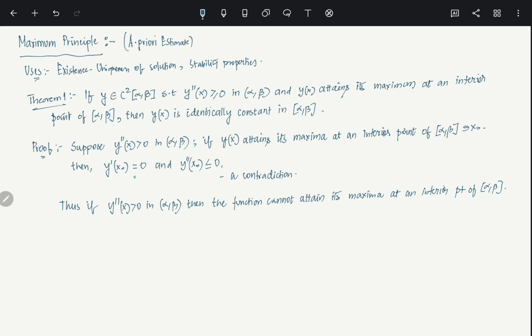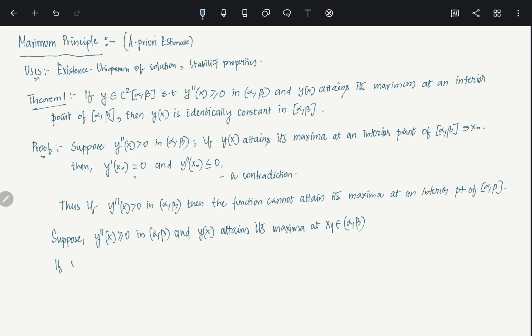So the double derivative is 0. Now suppose y double prime at the point x is greater than or equal to 0 in alpha beta, and we will also assume that y of x attains its maxima at x1, which is in the open interval alpha beta, some point.